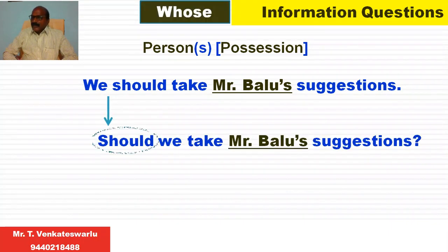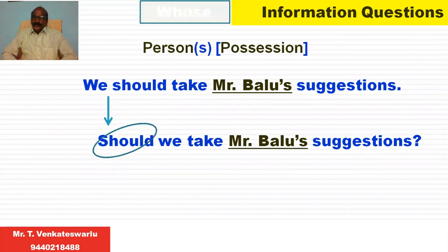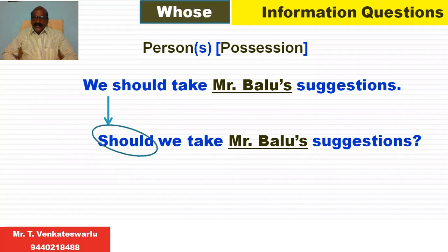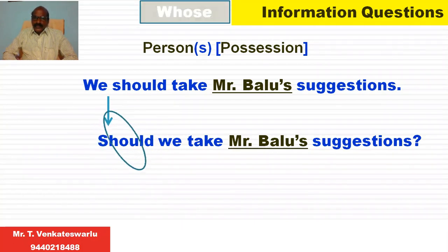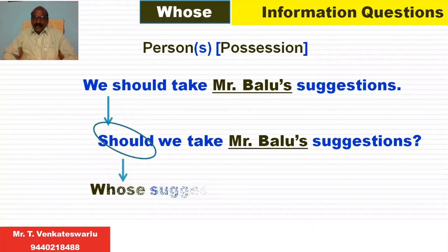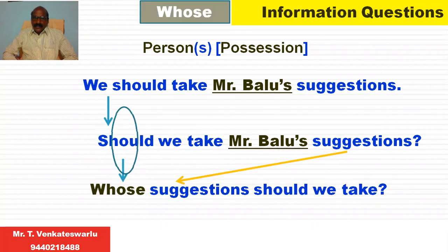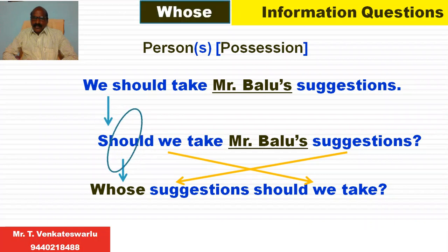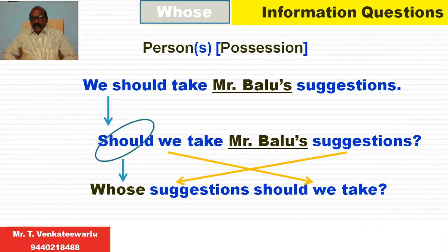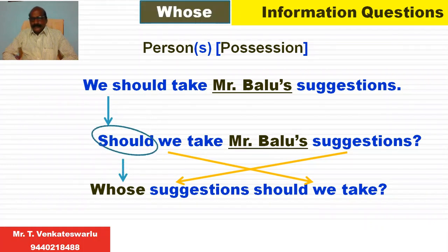Should we take Mr. Balu's suggestions? And Mr. Balu's indicates some possession and it refers to a person, so we have to use whose at the beginning. And at the same time, whose acts as an adjective, so we have to use the noun beside the adjective. Whose suggestions should we take?